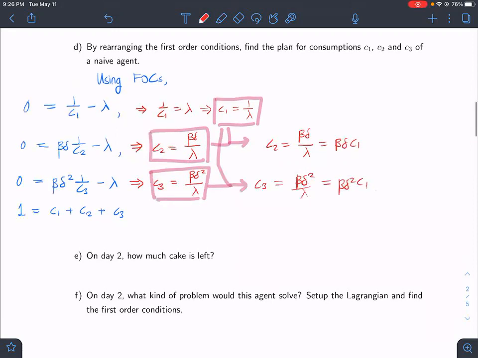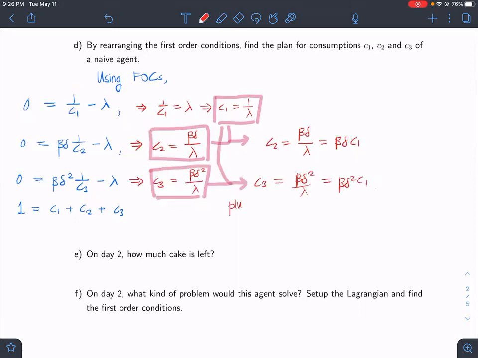And plugging into the budget constraint, which says that consumption of cake on day 1, 2, 3 adds up to 1, we have 1 equals C1 plus beta delta C1 plus beta delta squared C1.